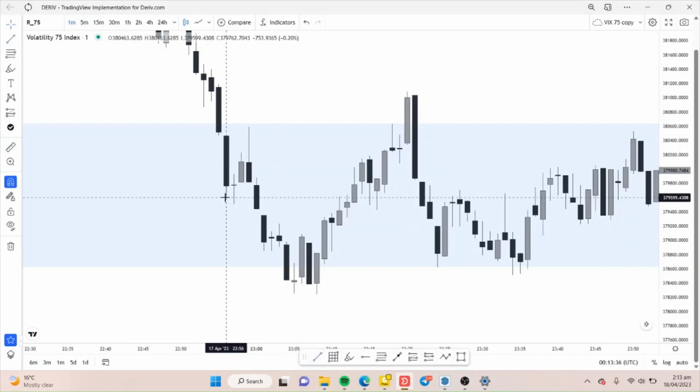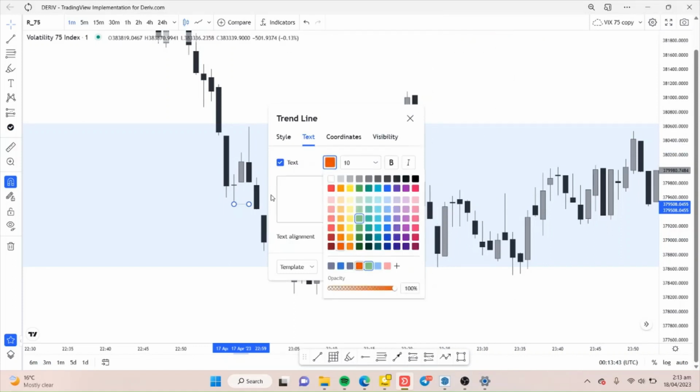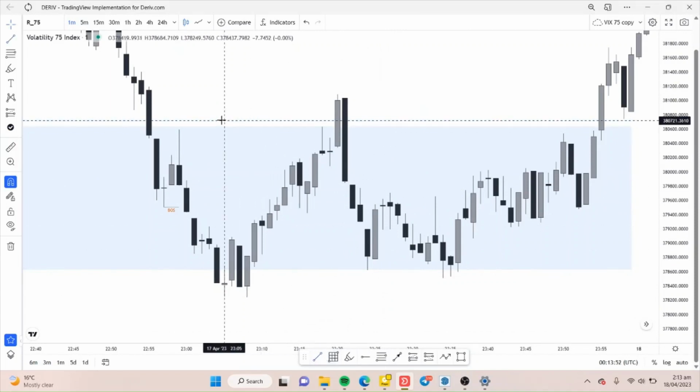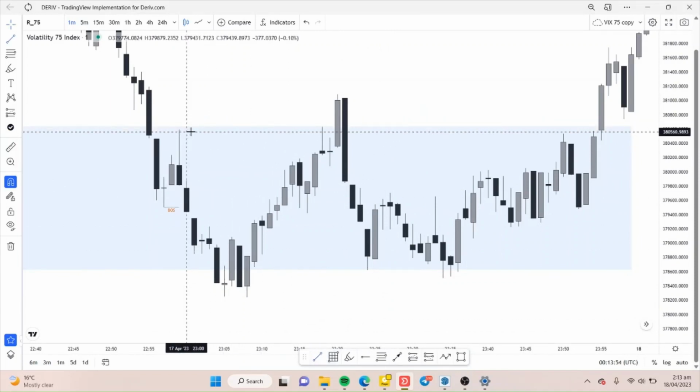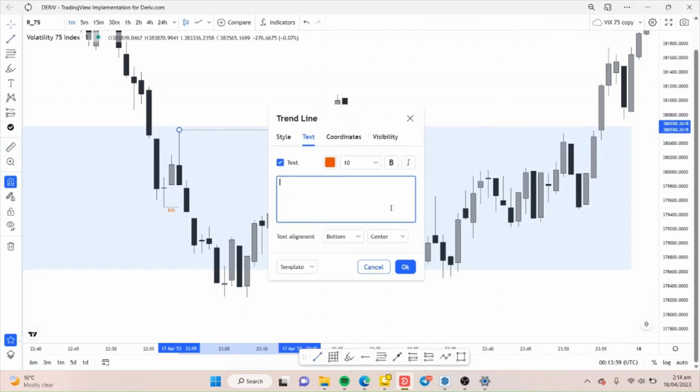Remember, we had a break of structure here. Hope my charts don't look dirty. We had a break of structure here, okay, and then we had a change of character here, because this was the first push to the upside, taking out the previous lower high.